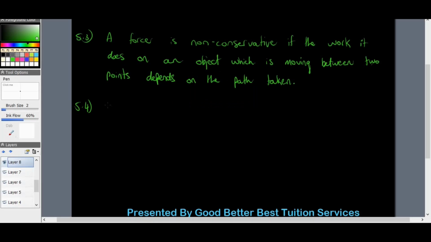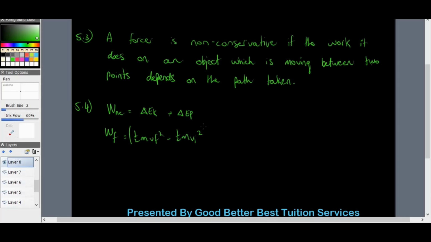We know that the formula for the work done by a non-conservative force is equal to the change in the object's kinetic energy plus the change in the object's potential energy. And we're only looking at the work done by the force of friction, which is a non-conservative force, which would indicate that we have to take half m vf squared minus half m vi squared.